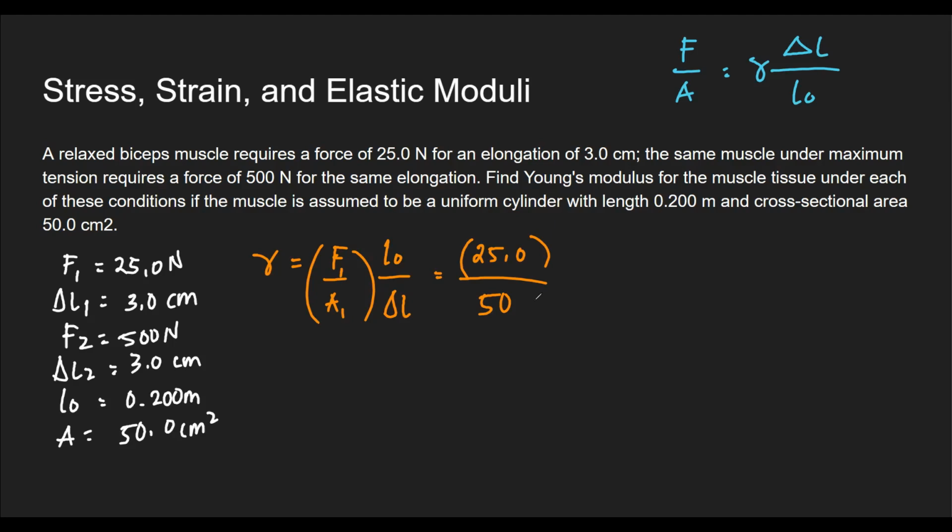So that will be 50.0 cm squared, with a conversion unit of 1 m squared per 10 to the 4th cm squared.